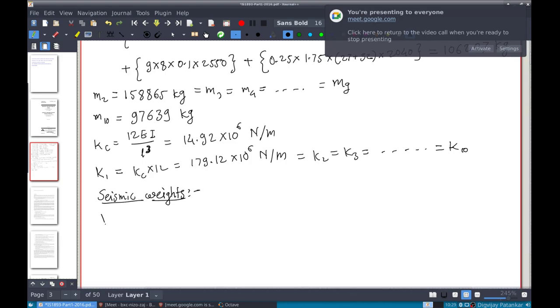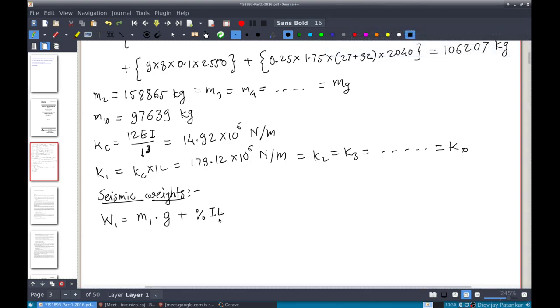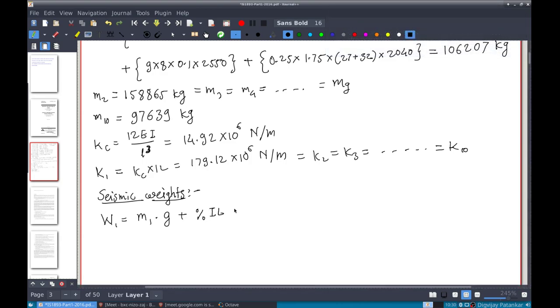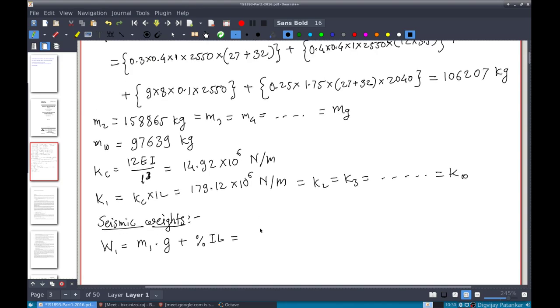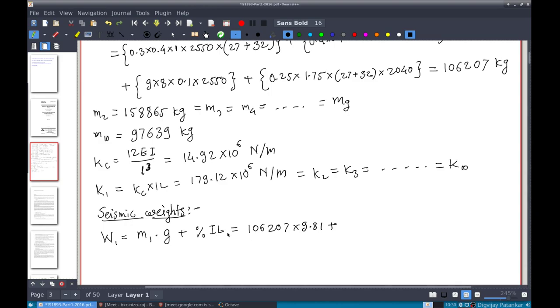Seismic weight for story 1 is equal to mass of story 1 into g, acceleration due to gravity, plus some percentage of imposed load. So let us calculate that. Mass m1 is equal to 106,207 into 9.81 plus percentage of imposed load.